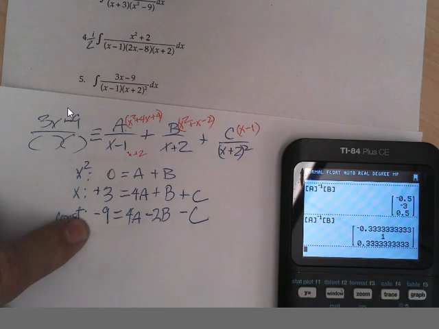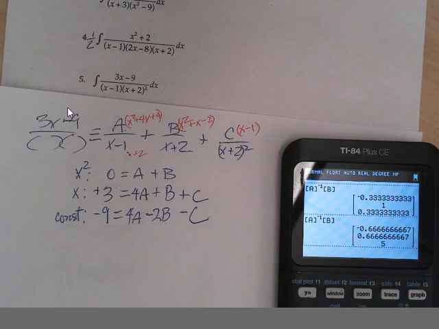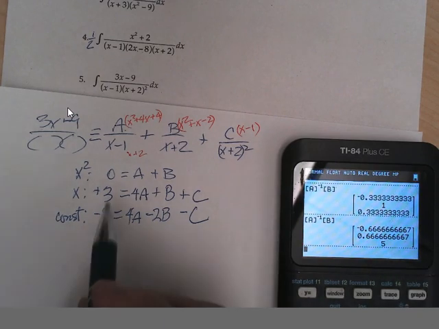I did A inverse B, so I press enter, and I got negative 2/3, 2/3, and 5.